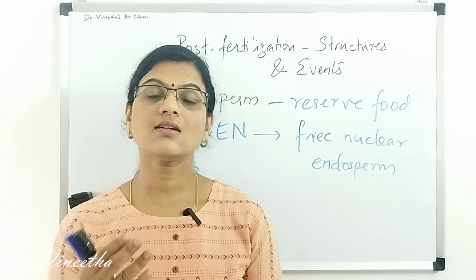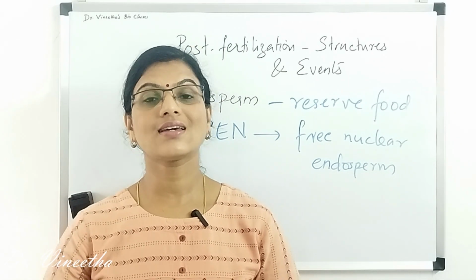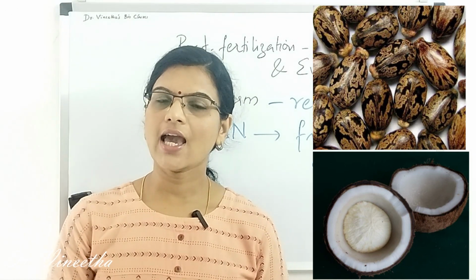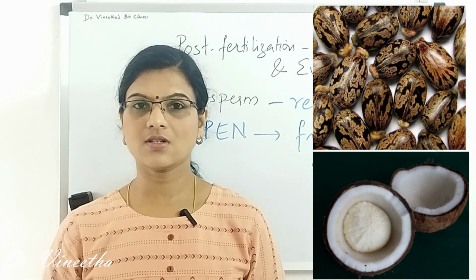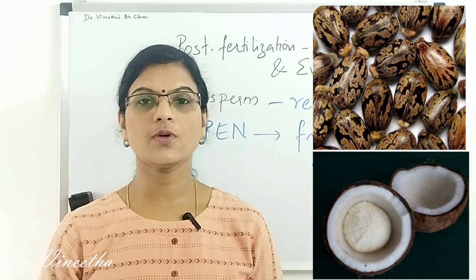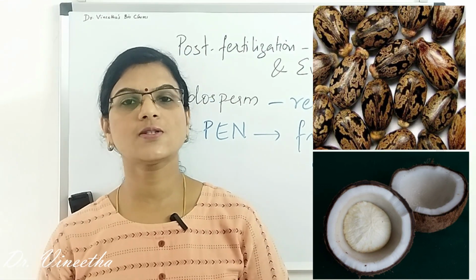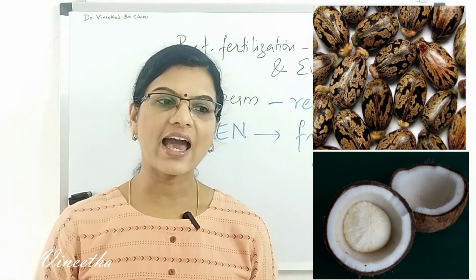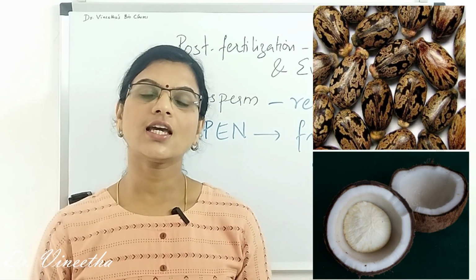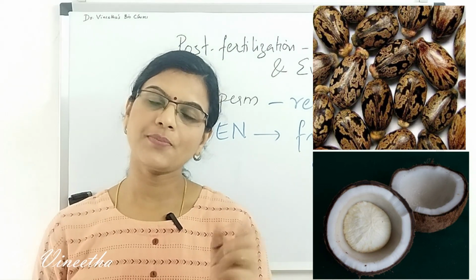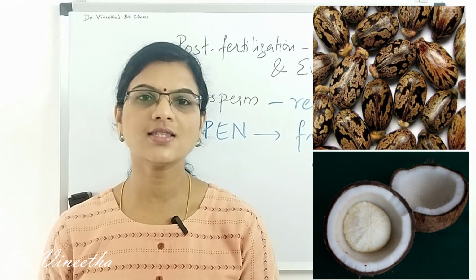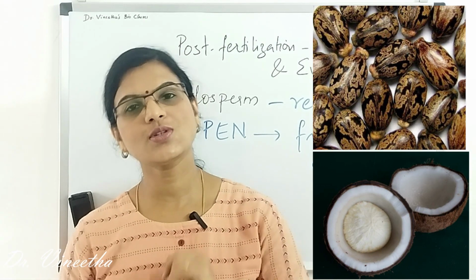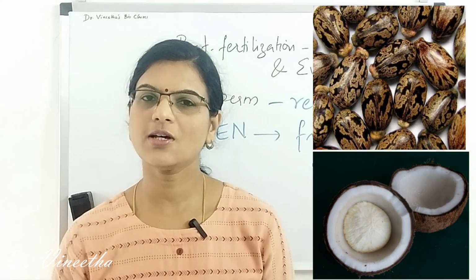And there are certain other examples such as castor and coconut, wherein the endosperm is preserved, and this endosperm will be used by the germinating seed. Okay, so in castor and coconut, the endosperm is preserved and remains during seed maturation, and it is used up during seed germination.